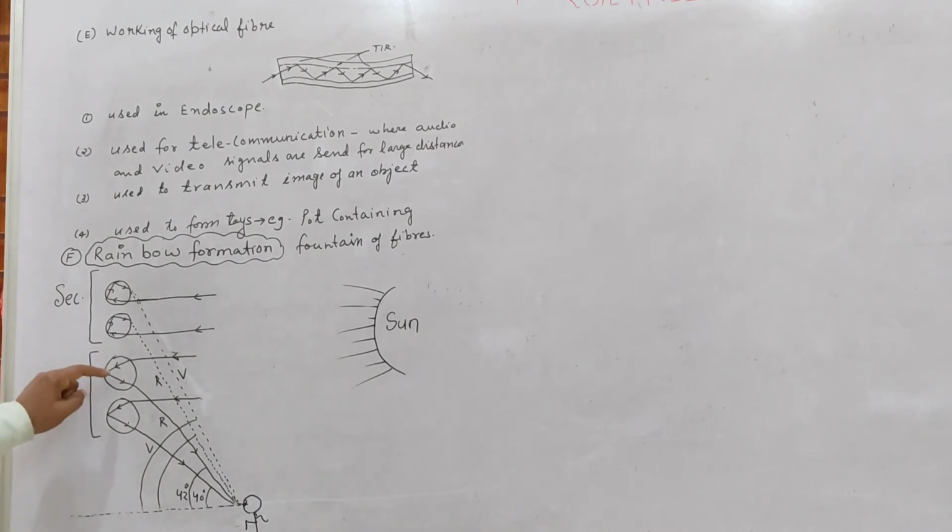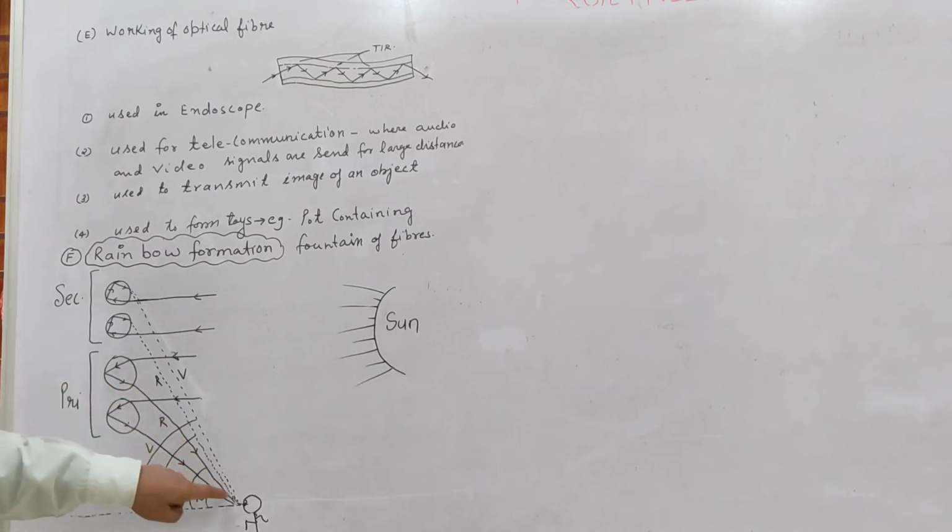You know, these are the raindrops. These two raindrops I have shown. Suppose light enters here in the raindrop, gets internal reflection here and finally comes out. Suppose this is red color of light and it is finally received by this observer.